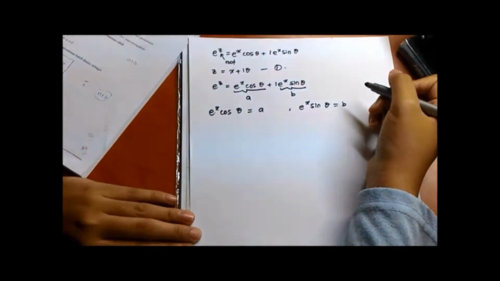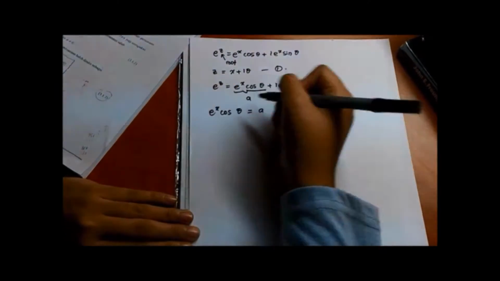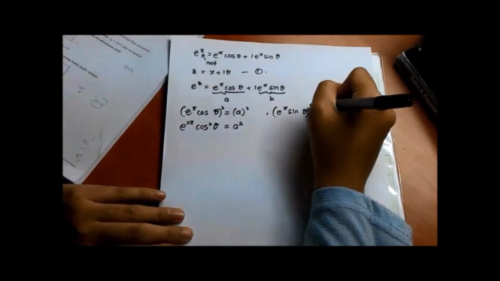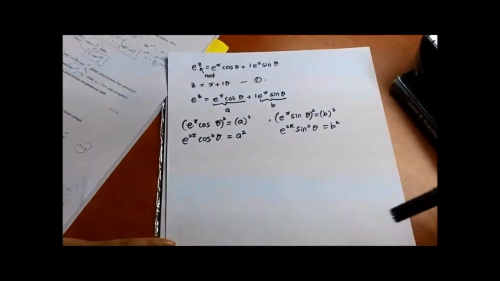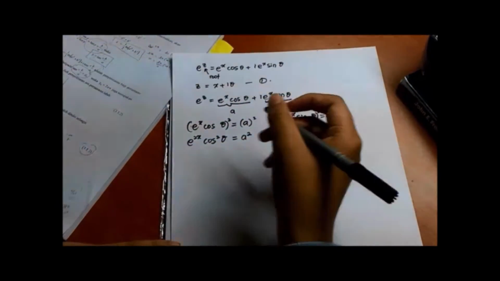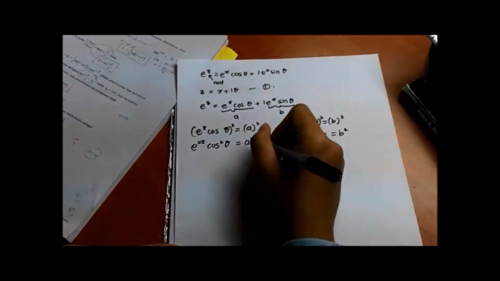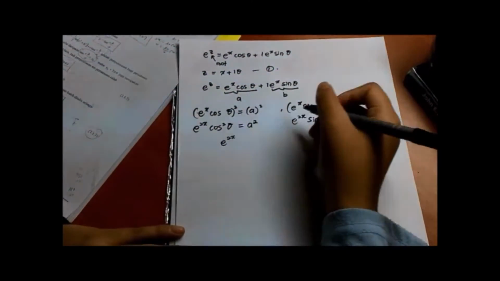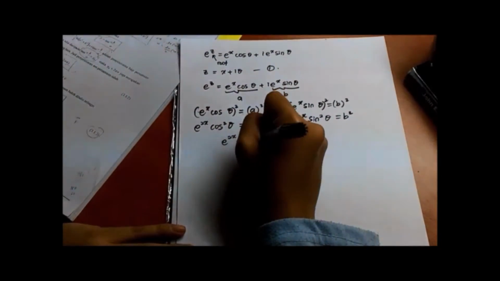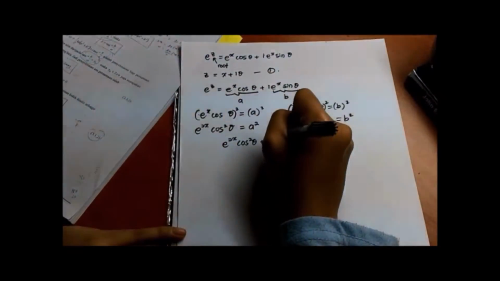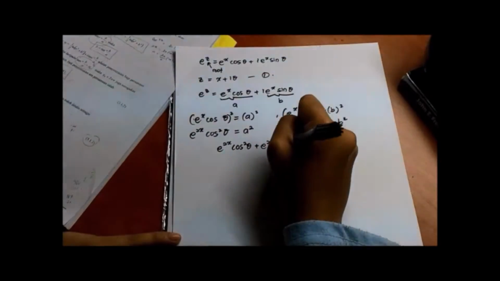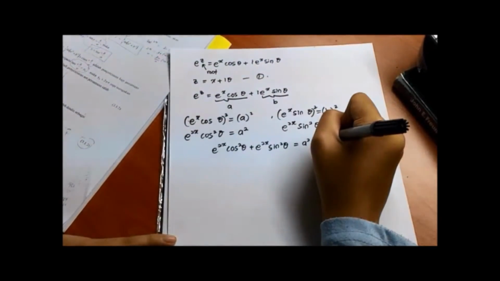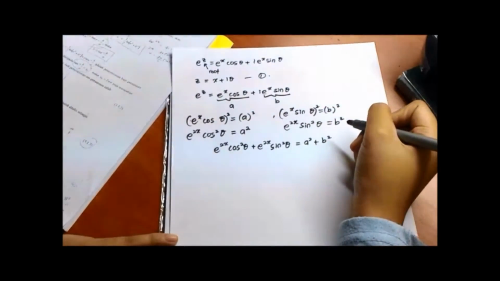Now, we square both sides. The same goes for this part, we square both sides also. Next, we add both parts. So e^(2x) cos squared theta plus e^(2x) sin squared theta is equal to a squared plus b squared.